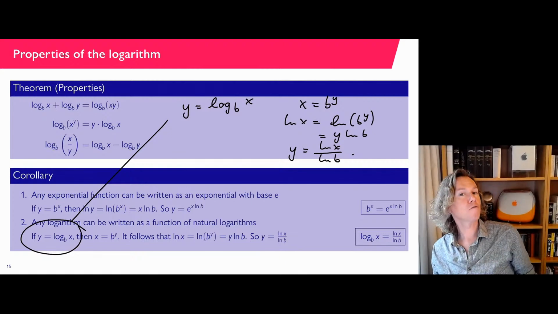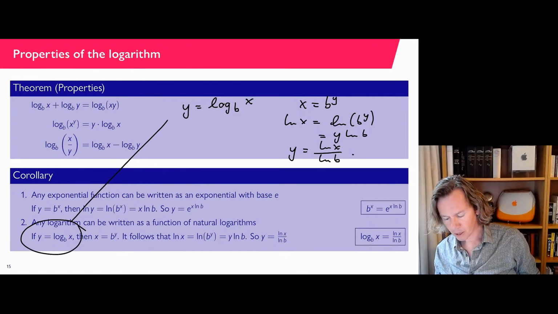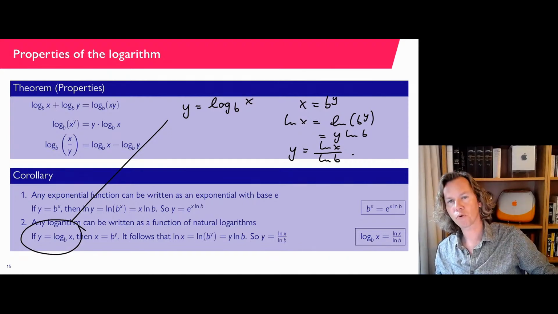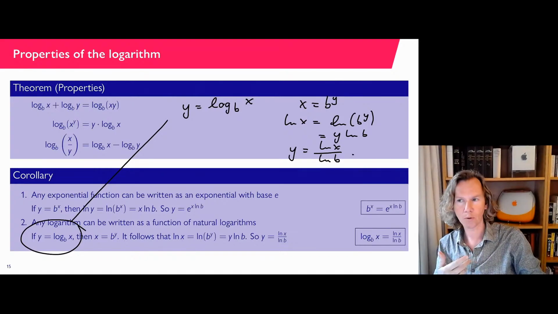So also if you have a logarithm with a different base than e, you can rewrite it as a function that includes only the ln function. So if you're writing a computer program, as a programmer you would only have to input the e to the power something function and the ln function, and then you can do all exponents and all logarithms.